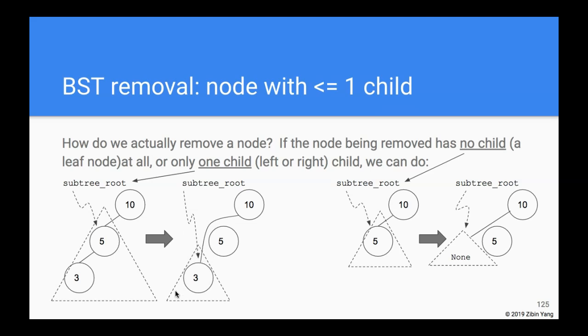And then this becomes our new subtree, and we'll return the new subtree to the parent up in the call stack. And that parent will point its left subtree to this new subtree that does not have 5 anymore. And so that's how we'll remove a node that either has just one child or no child at all.